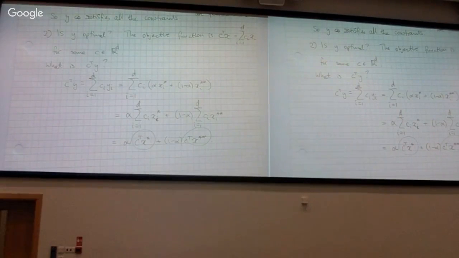Okay, I repeat my question. The value of this and the value of this product, are they the same or are they not the same? And if they're the same, why?